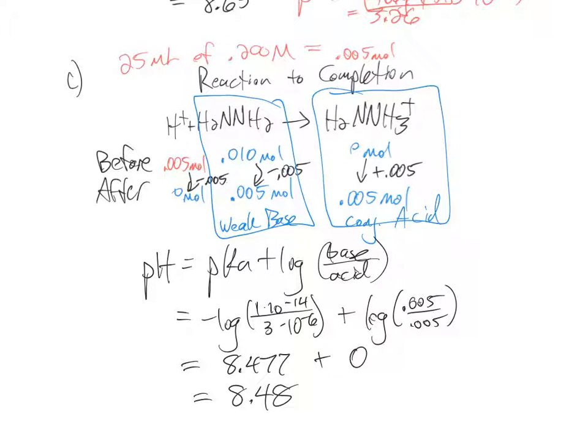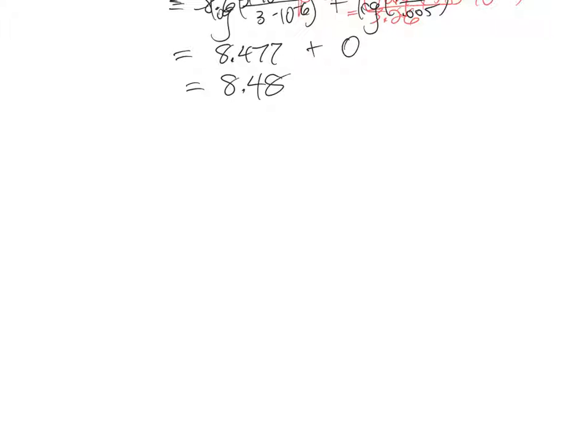So we get a pH in part C of 8.48. Notice that the pH is going down as we continue in this problem because we're adding an acid to a base. But it'll go down by differing amounts each time.